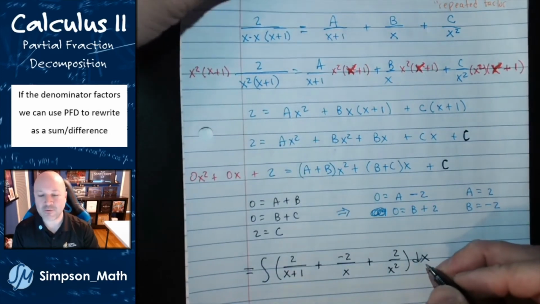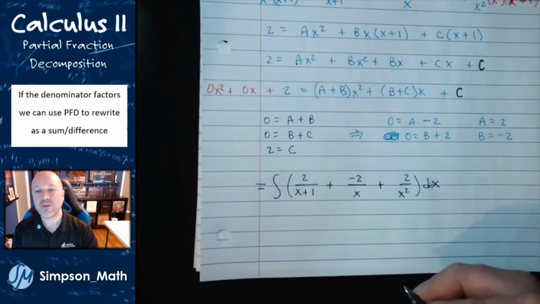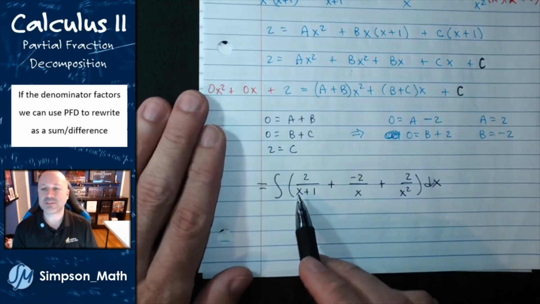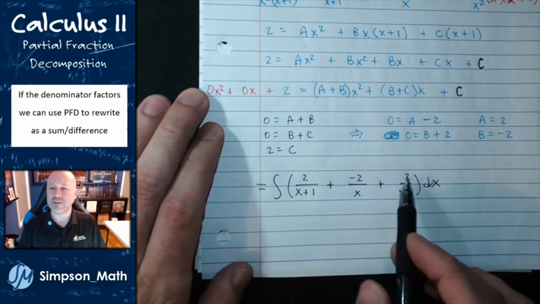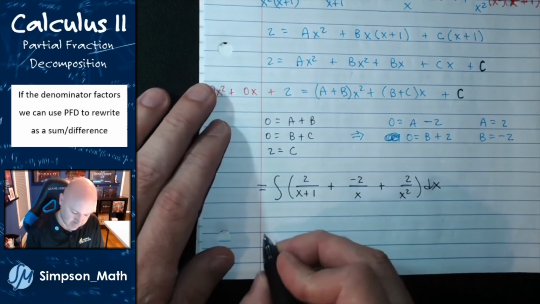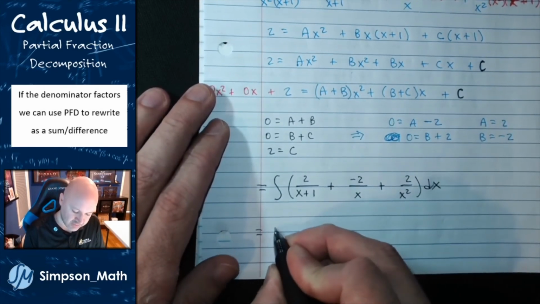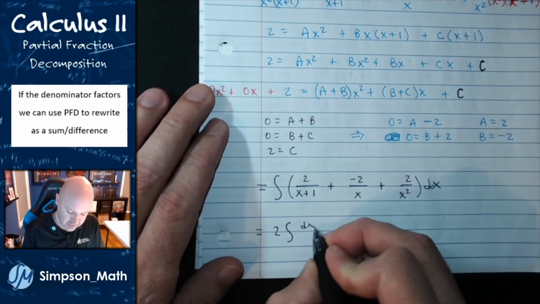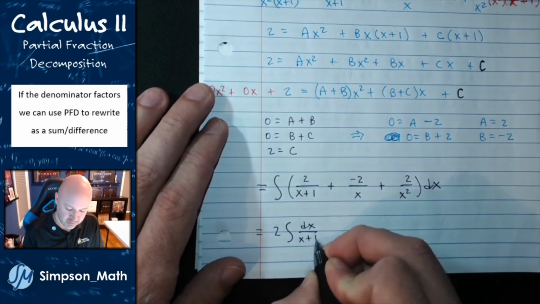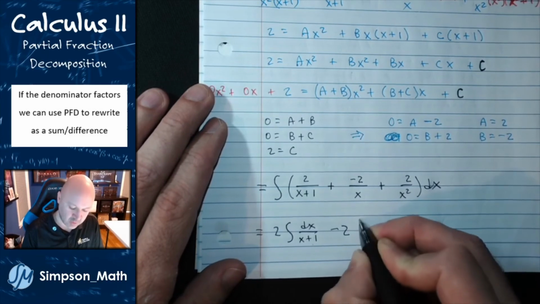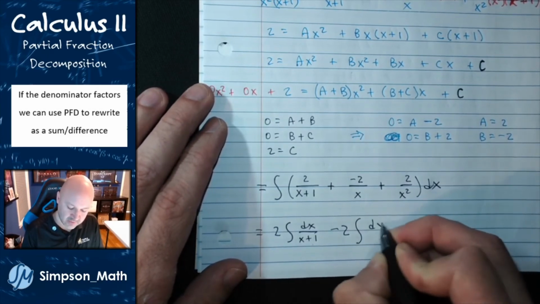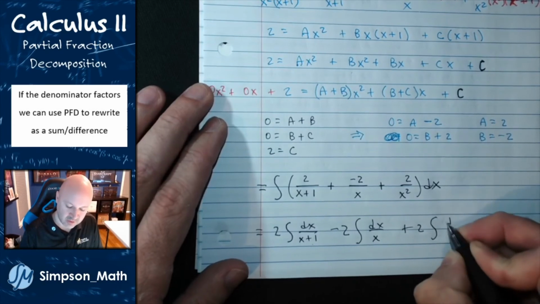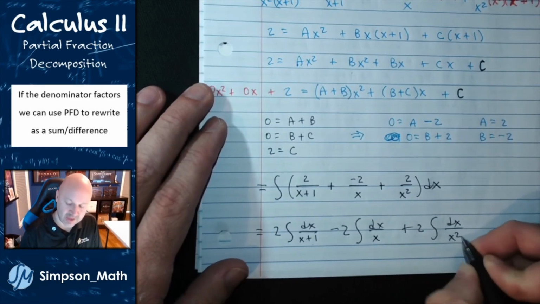This is extremely powerful because now I can bust this up into 3 separate integrals. I think also in this step, I'm going to pull out all of these coefficients. So I should have 2 times the integral of dx over x plus 1 minus 2 times the integral of dx over x plus 2 times the integral of dx over x squared.